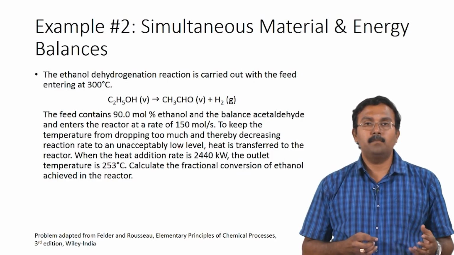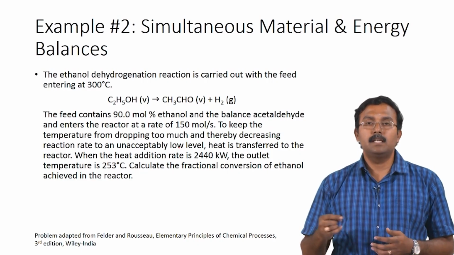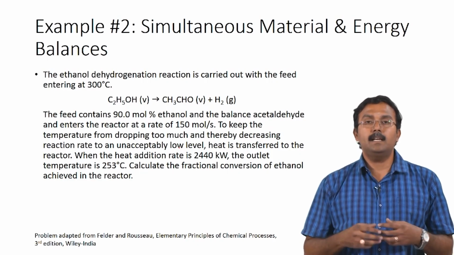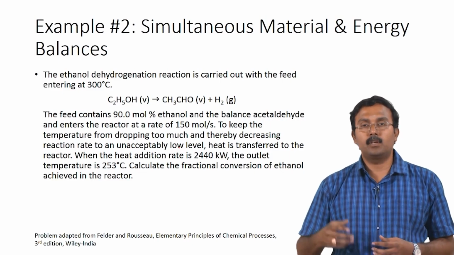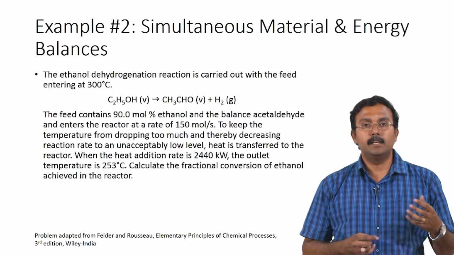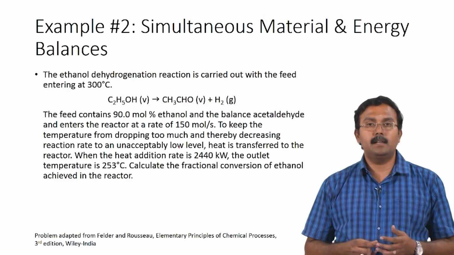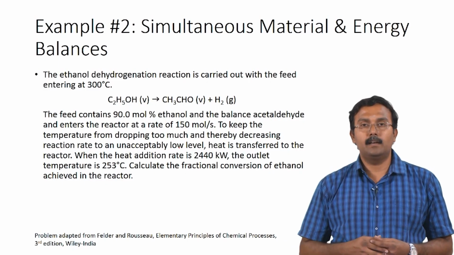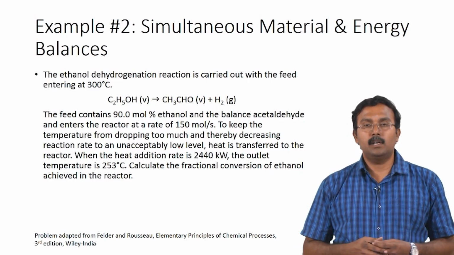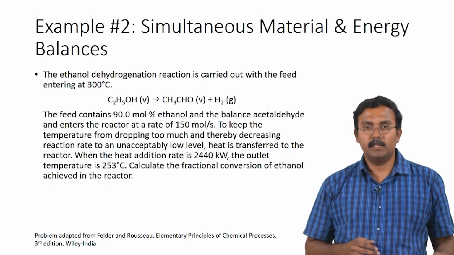Unlike the previous problem where it was an adiabatic process, here heat is being transferred and the rate at which heat is transferred is also provided to you, and this value can be used for the value of Q. And you also have a mixture which is entering, unlike the previous problem where you had only ethanol entering. So, taking all these into account, let us now start solving the problem.